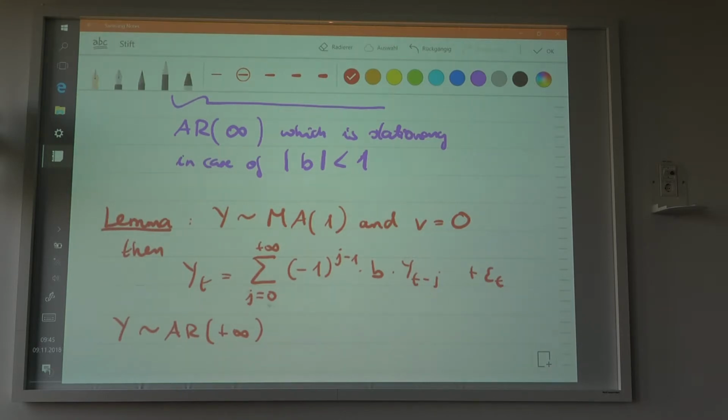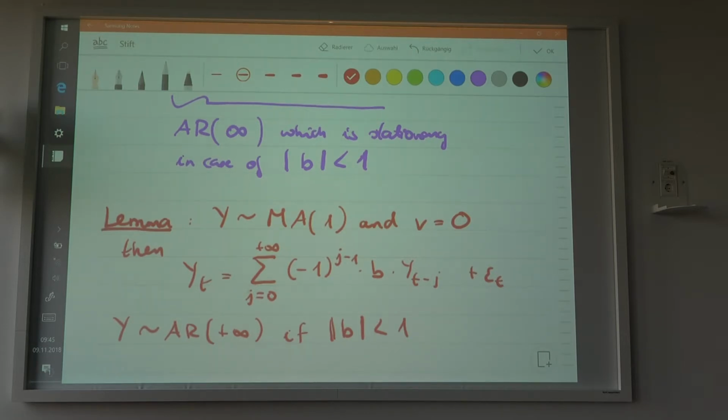And this has to be stationary, guys. Stationarity conditions for an autoregressive process of order infinity only hold if the corresponding coefficients of the process have an absolute value less than 1, because if that's not the case, the process is not going to be stationary, and the representation is not finite. The geometric series I was using here will not converge. That only works if the absolute value of the coefficient is less than 1.